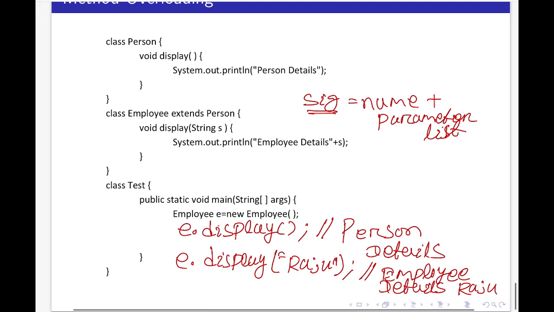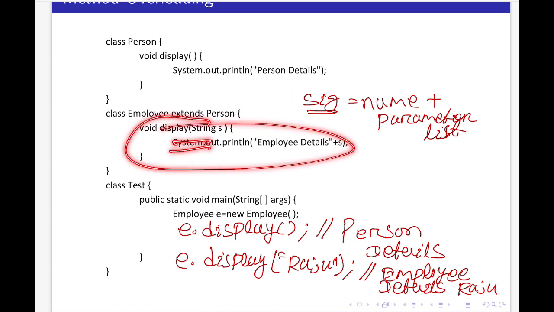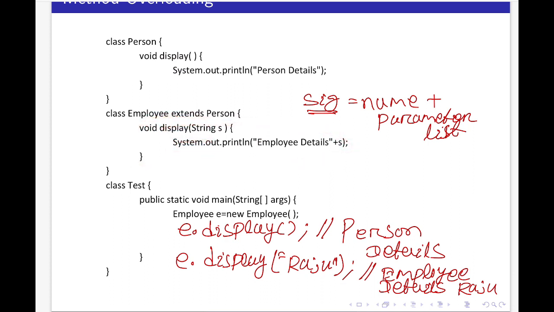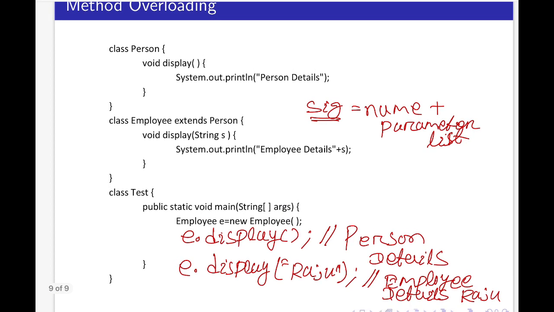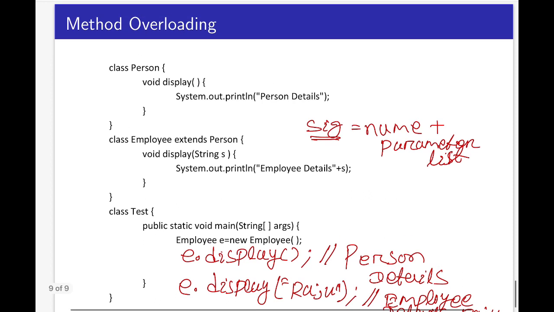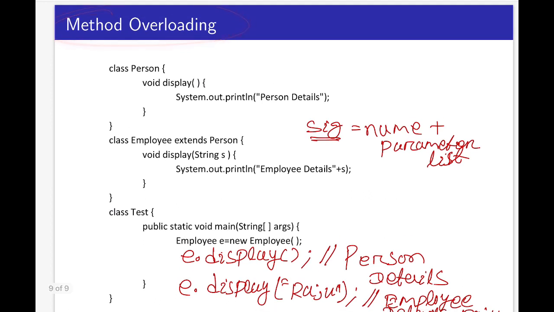So here you can observe, although the method name is same, the signature is different, so this concept is not method overriding, because we are not overriding this method here, we are defining another method with the same name. So if the name is same but the parameter list is different, this concept is called method overloading. We have already discussed this in the previous lecture, while we were discussing methods, at that time we discussed method overloading, so you can go through this.